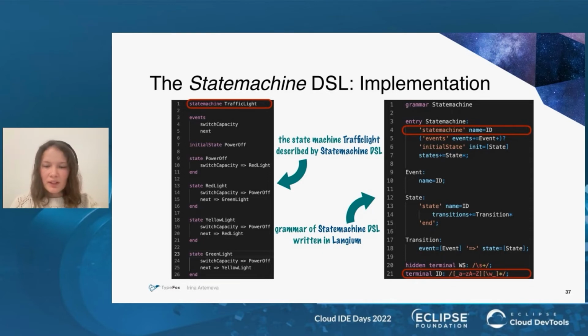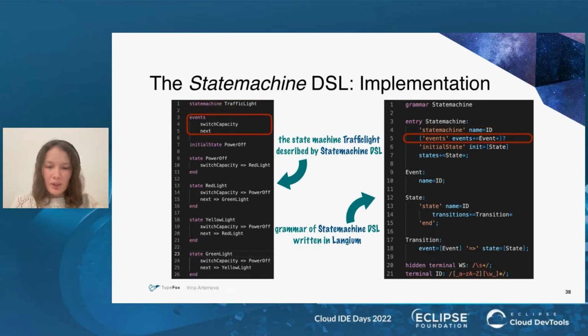So this is what we can see inside of the rule state machine. This is an entry rule from which we start parsing our DSL code snippet. And here we really see the state machine keyword and an assignment with a rule call identifier. So this is where we wait for the name of our state machine.